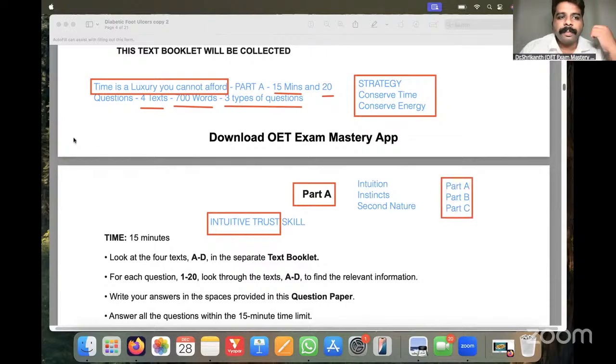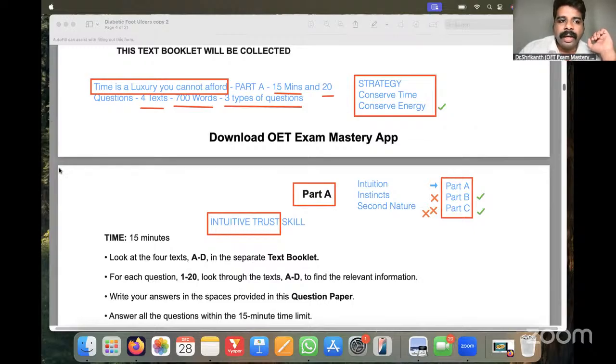If you spend all your energy on OET Reading Part A, then you will have very little energy for OET Reading Part B and definitely very little energy for OET Reading Part C. So if you want to get really good scores in part B as well as part C, it is very important that you conserve your energy as well.